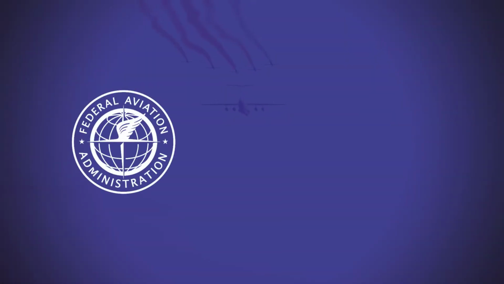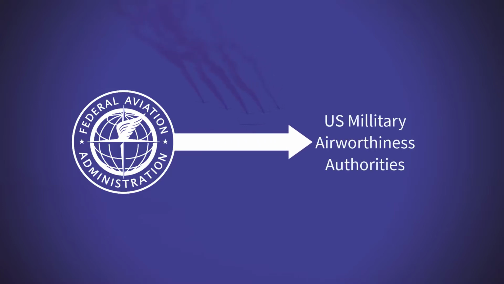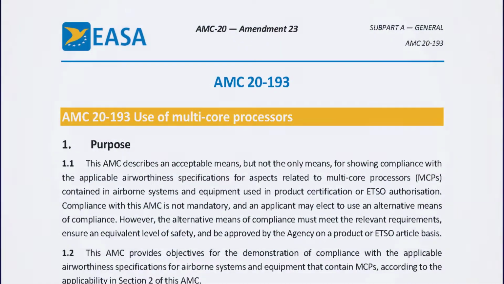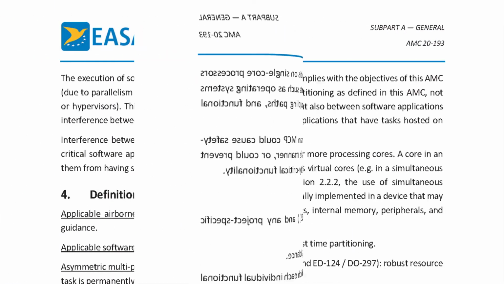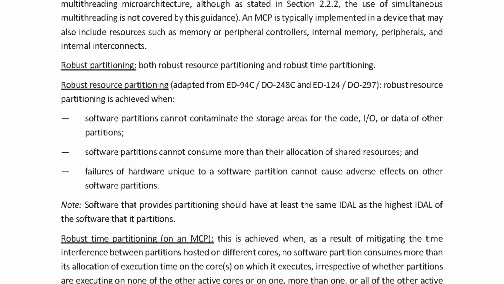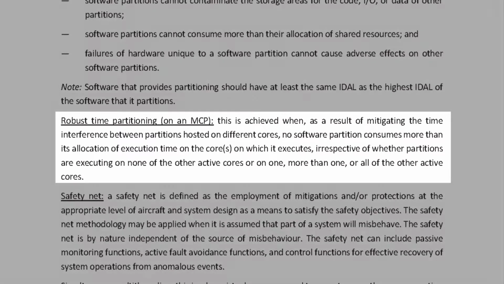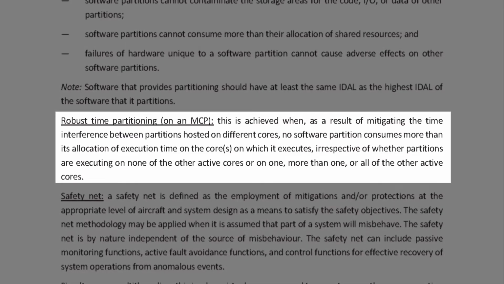FAA guidance has often been adopted by US military airworthiness authorities, and AMC 2193 is no exception. AMC 2193 documentation extends the partitioning concept for multi-core processors, with specific reference to providing evidence that partitioning is robust.